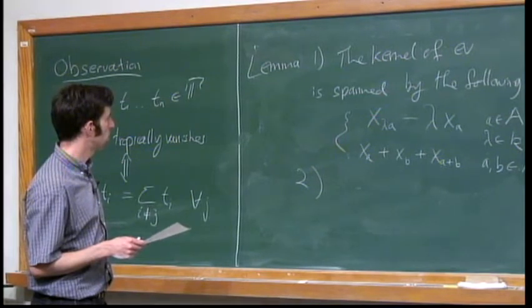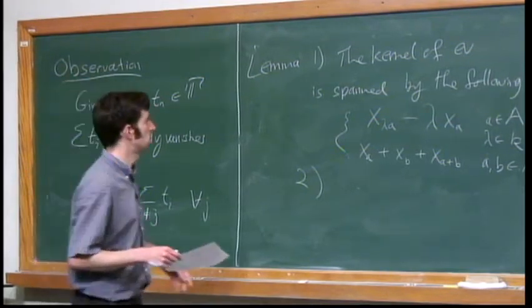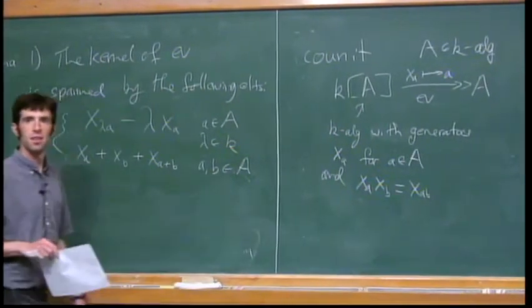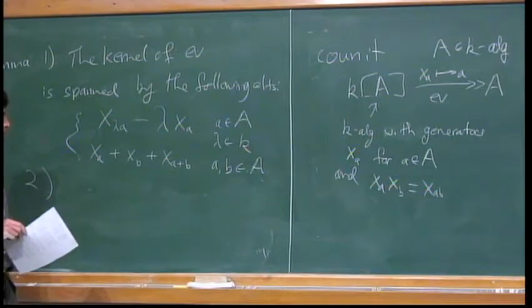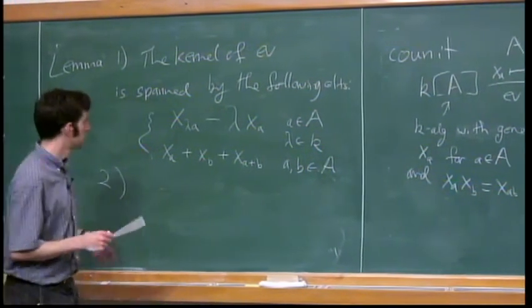I think I can use plus or minus there. Either one will generate the ideal. No, this is the kernel of the evaluation. It's over K. Oh, sorry.